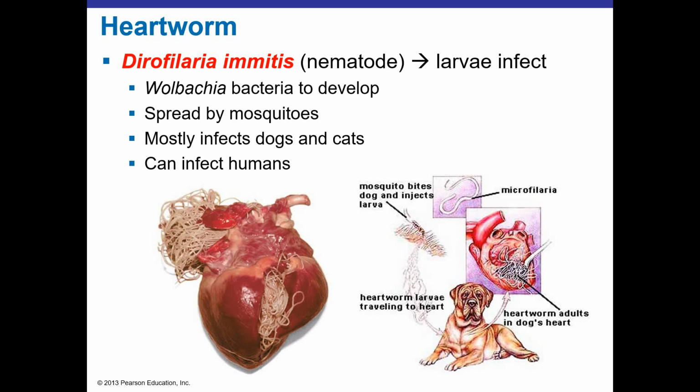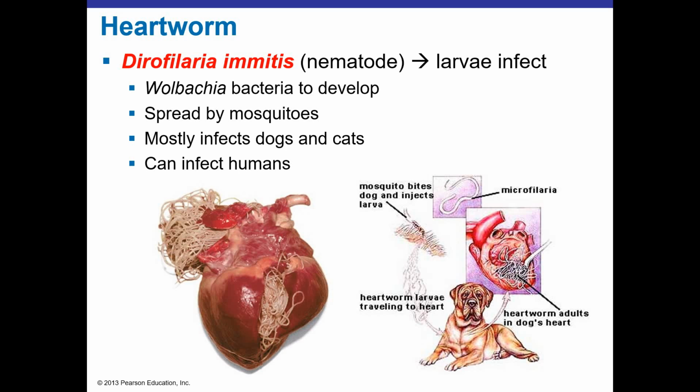Other types of larvae that infect, maybe not humans, but we talk about the Dirofilaria immitis, the nematode that can infect and cause what is referred to as heartworm, especially in dogs. This is actually spread by mosquitoes, but interestingly, it needs a Wolbachia bacteria in order to develop.